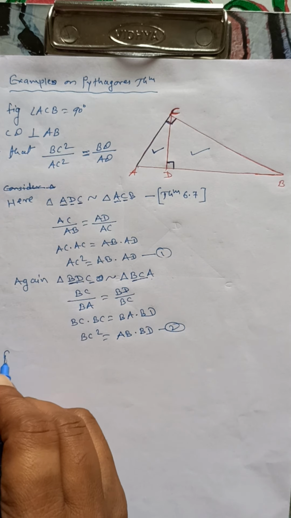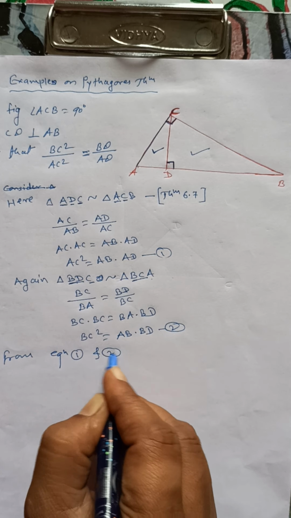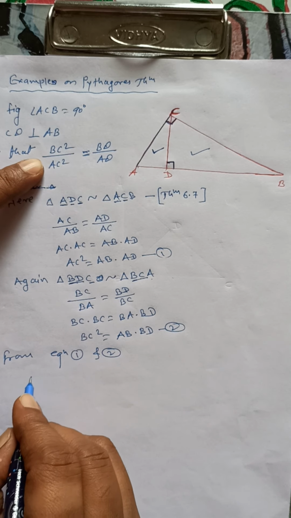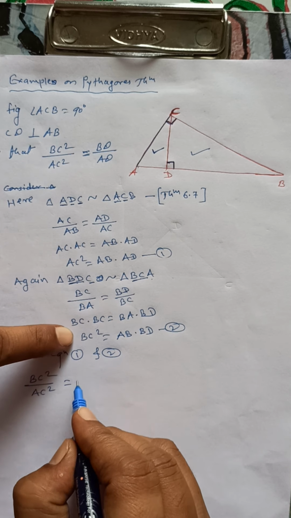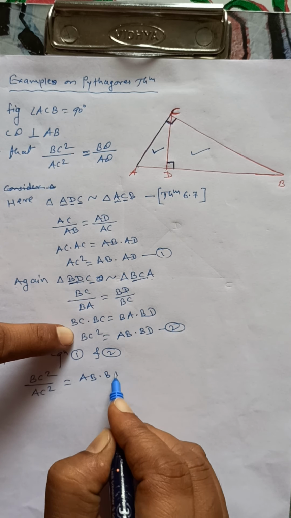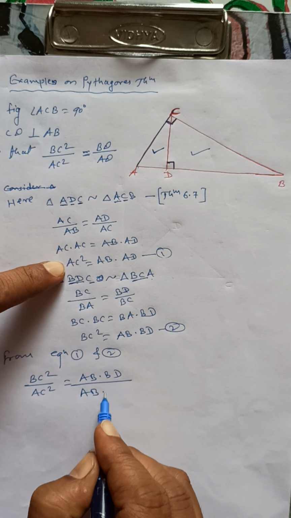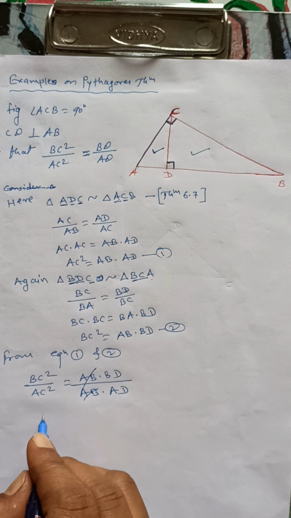Okay, so from equation 1 and 2, I want BC square upon AC square. So I write BC square upon AC square is equal to, what is the BC square? AB into BD upon AC square, AB into AD. So AB gets cancelled. So what is remaining here?